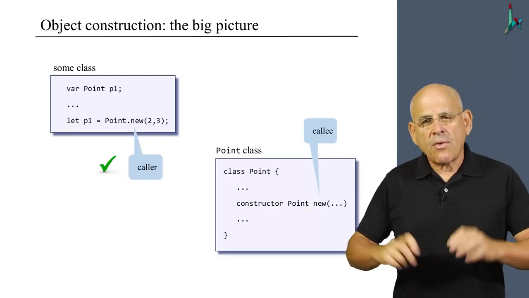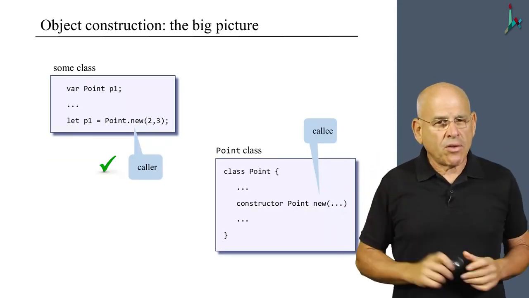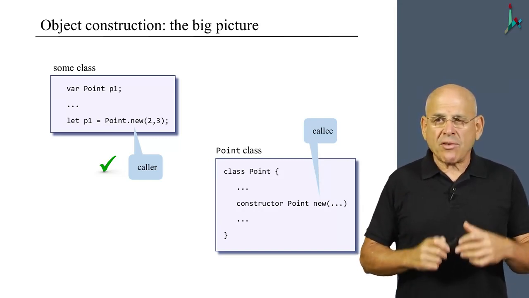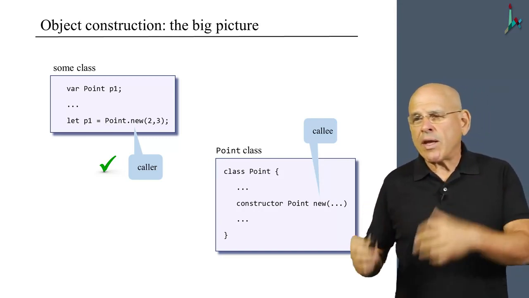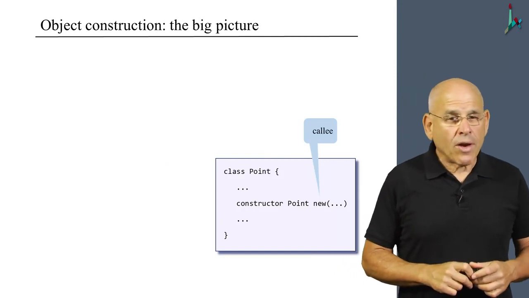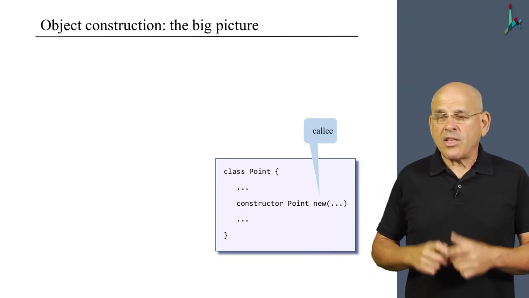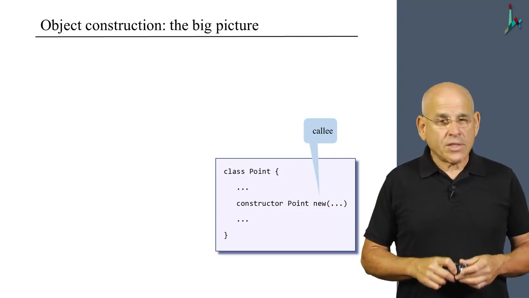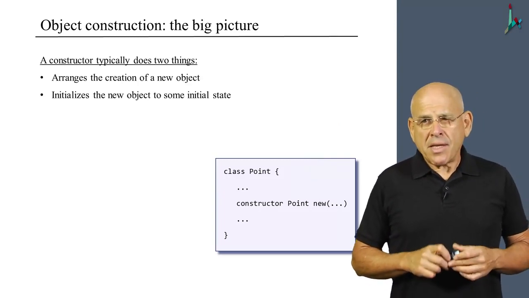All right, so now we know how to generate code to handle object construction from the caller's perspective, and we can move on to talk about the callee. So the challenge now is how to handle the compilation of constructors. Well, let's think about it.